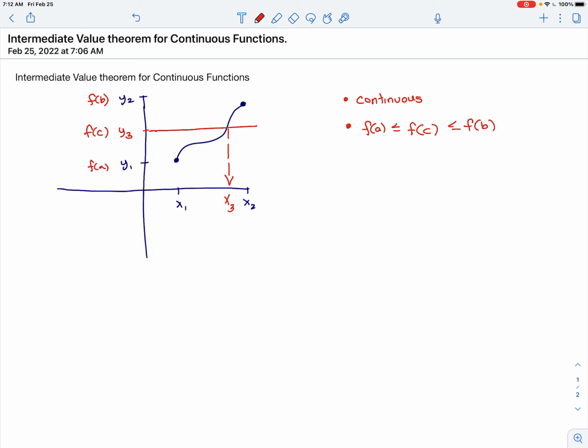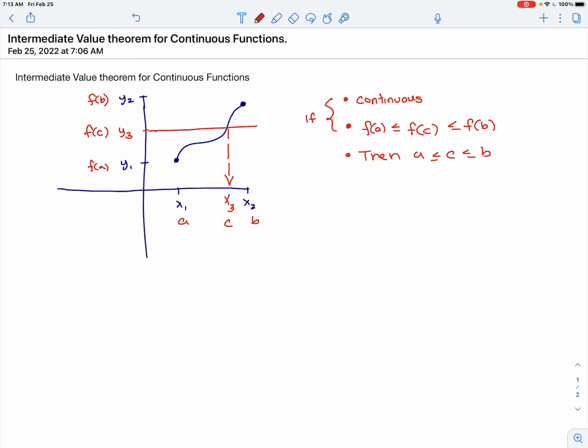And then you're saying if so, you will have a c value that is in between a and b. And this will be your c value, and this is your a and b. Okay, so let's show that.